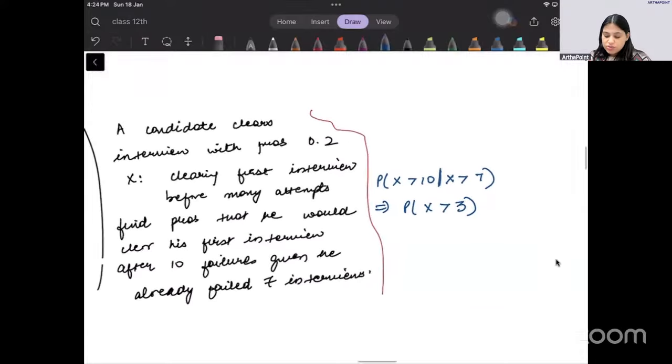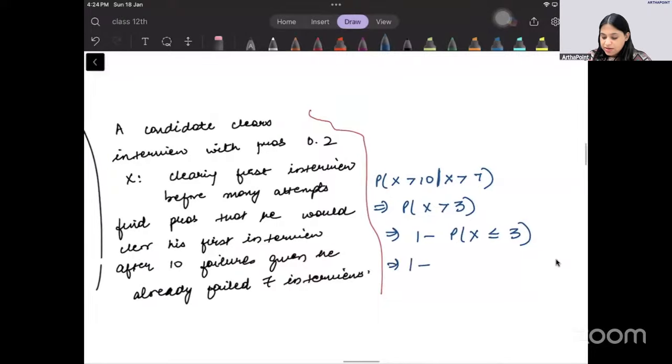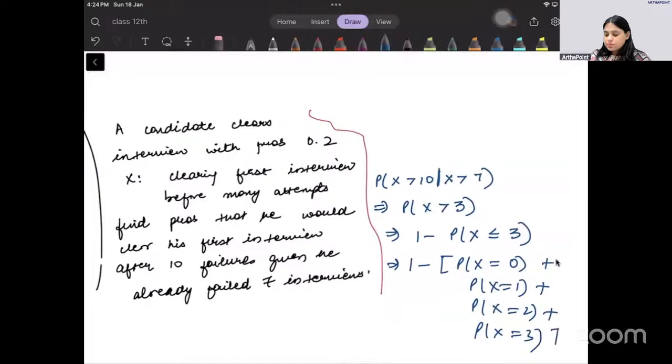You can just write this as 1 minus probability x less than or equal to 3. This will be 1 minus x0, x1, x2, x3. Is it okay?